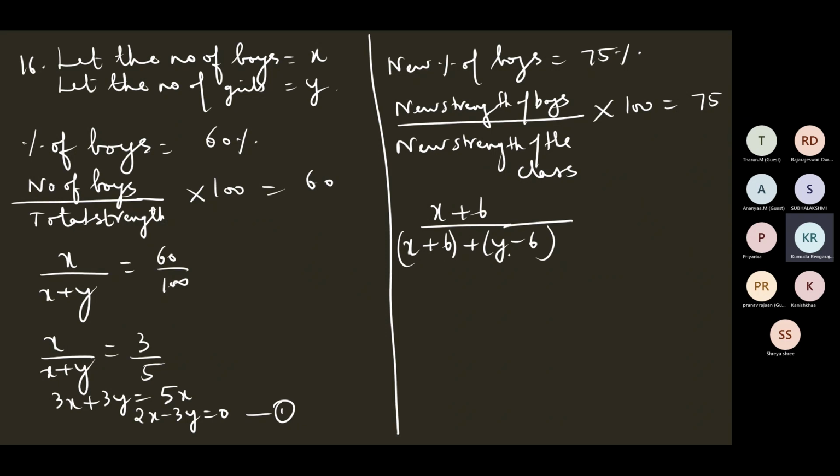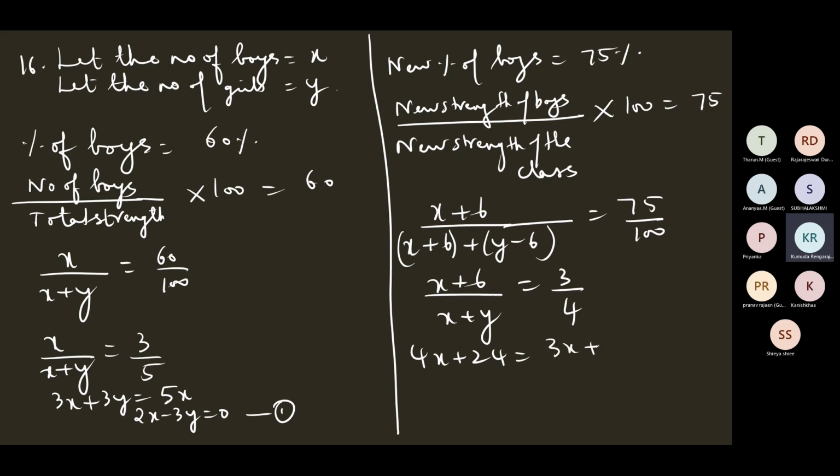So the new strength of the class into 100 is equal to 75, or 75 by 100. So X plus 6 by X plus Y, because plus 6 minus 6 cancels, is equal to 3 by 4. Cross multiply: 4x plus 24 is equal to 3x plus 3y. So you get x minus 3y is equal to minus 24.